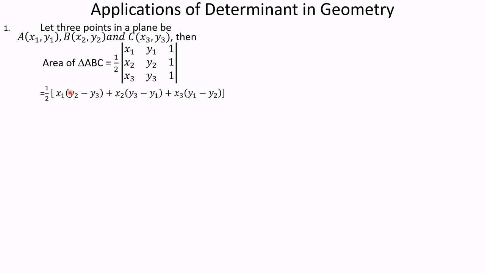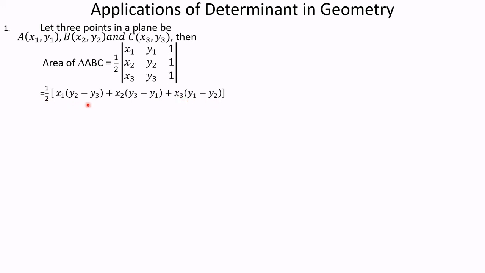Therefore, simplifying, we get half into x1 into y2 minus y3, minus y1 into x2 minus x3. Whereas if we change the sign, we will get x2 into y3 minus y1 plus x3 into y1 minus y2.